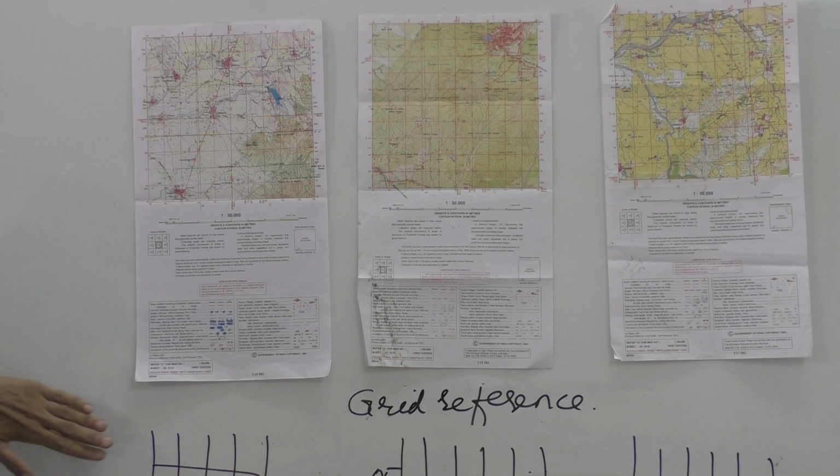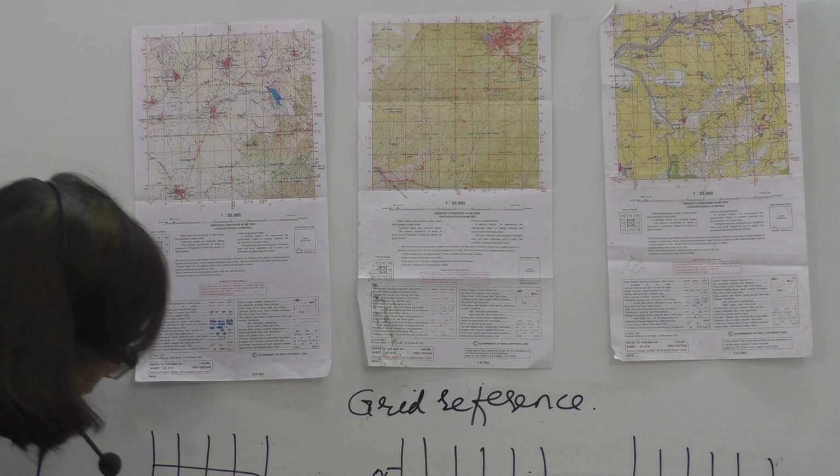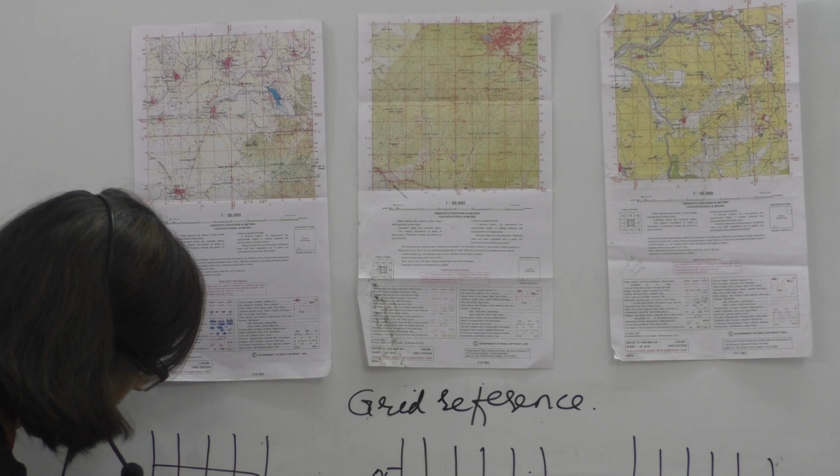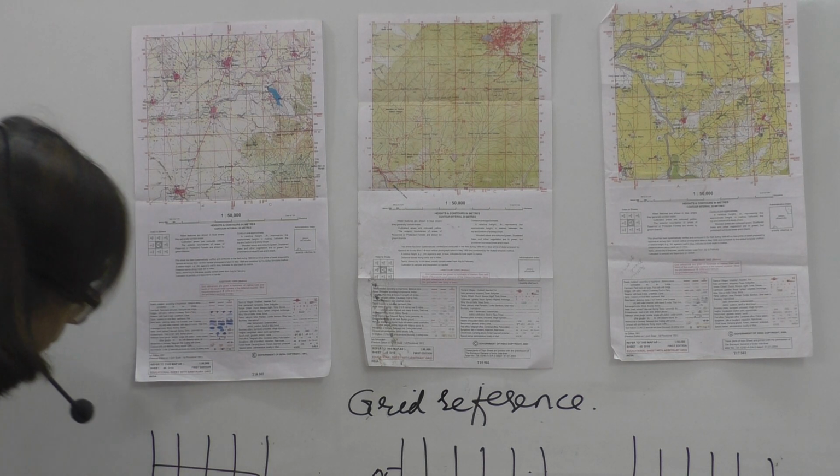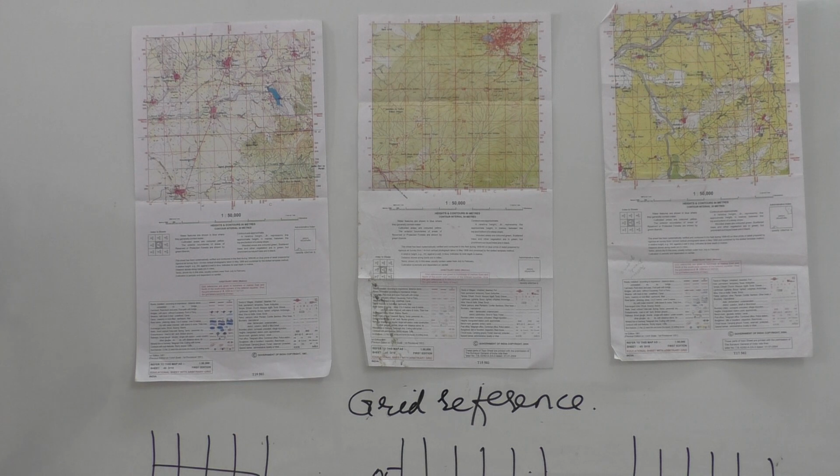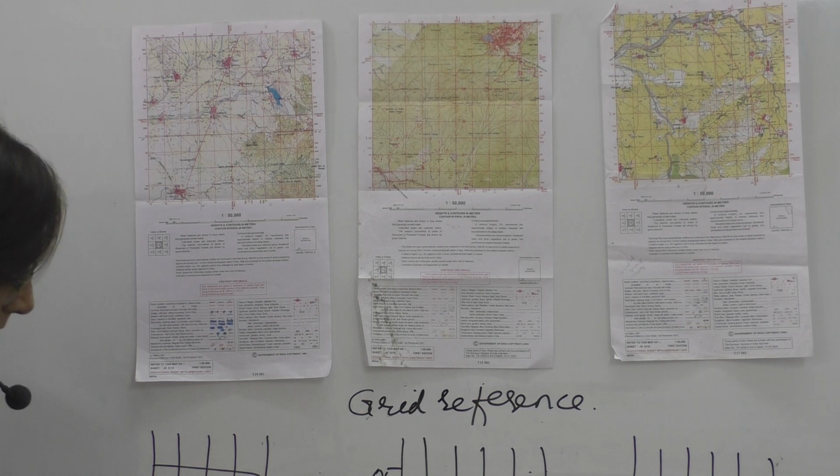Now whenever we have to deduce where the object is, say suppose this is a lined well, when you have to read which grid the lined well is, you'll have to first see the value of easting.